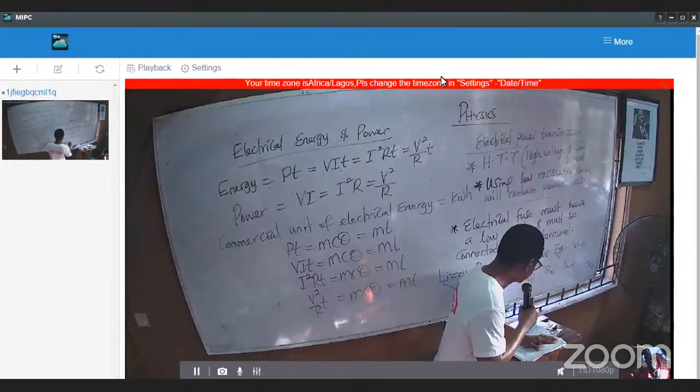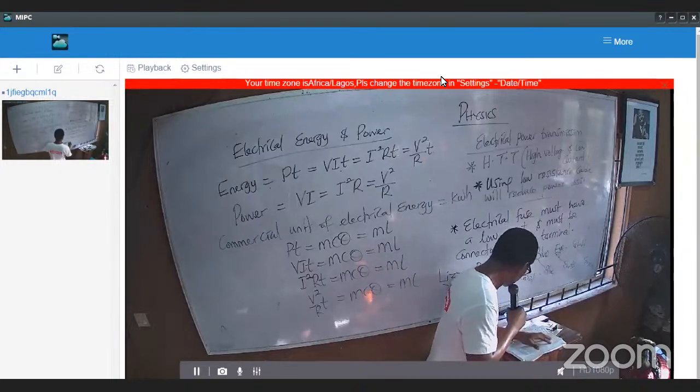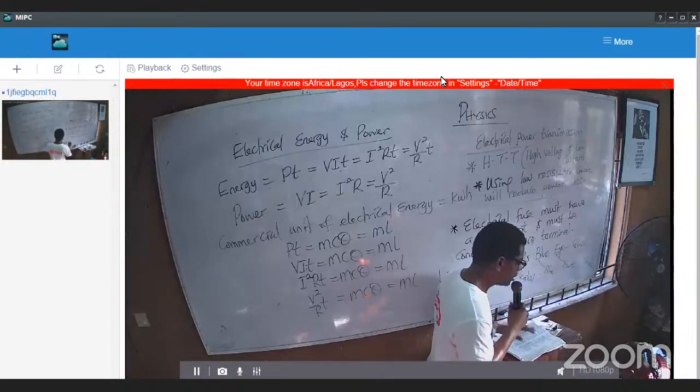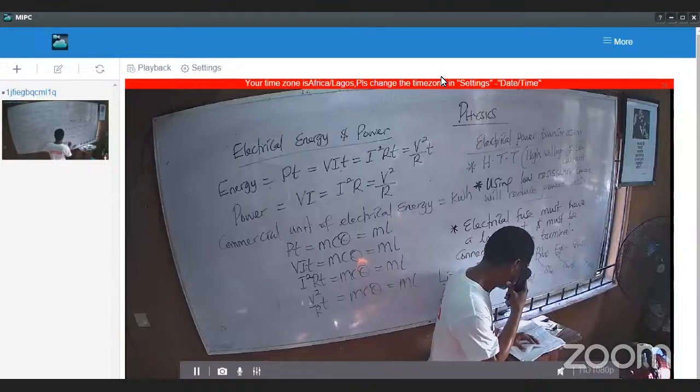Calculate the current through the resistor.